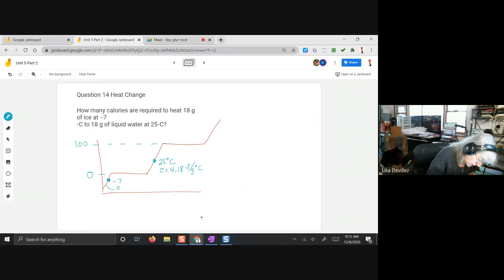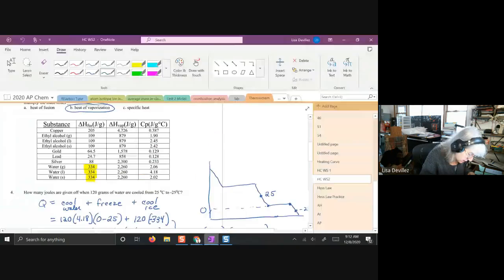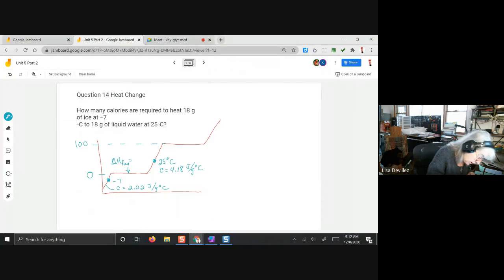Let's go back to our Jamboard. Okay, so C is 2.02 joules per gram degrees Celsius. And my delta H of fusion was 334 joules per gram. So 334 joules per gram is what you would use on that.